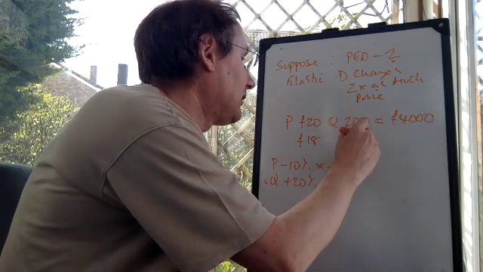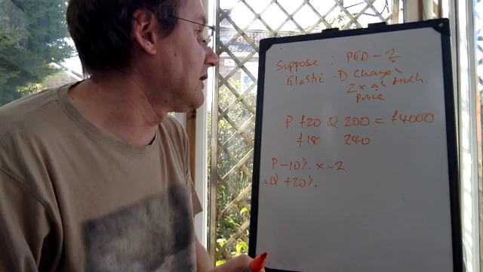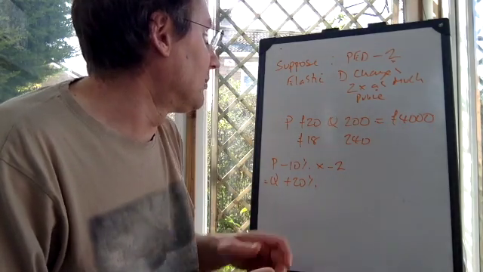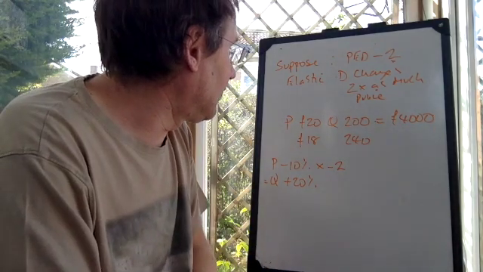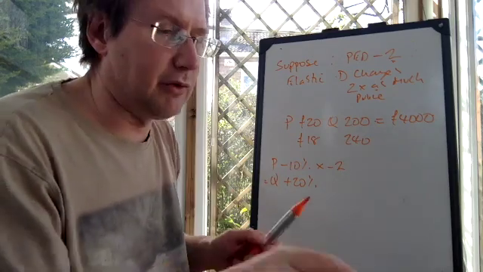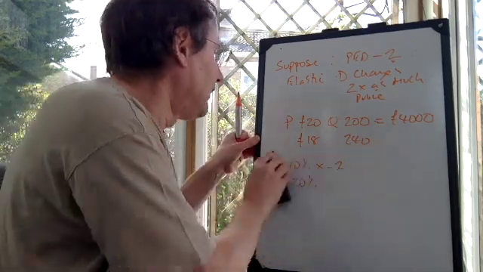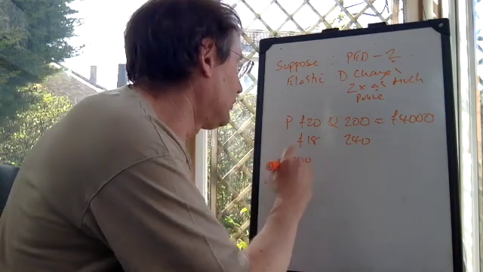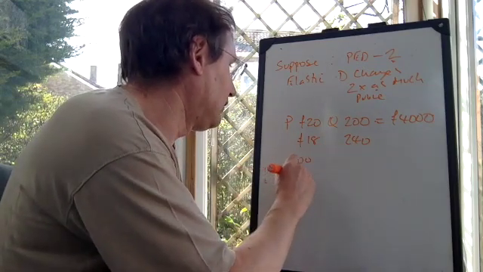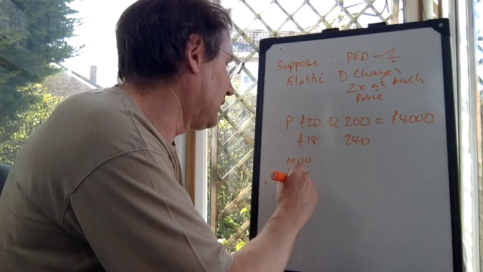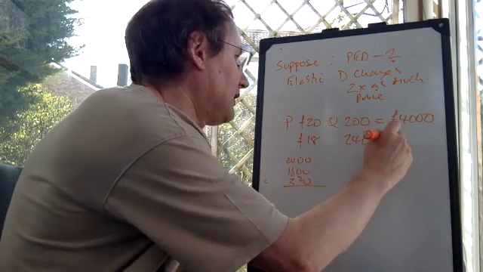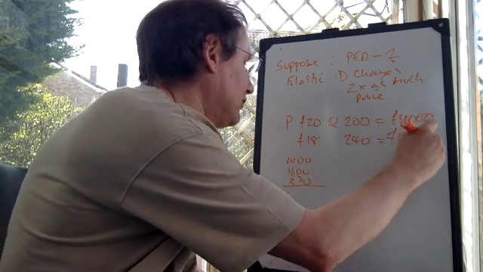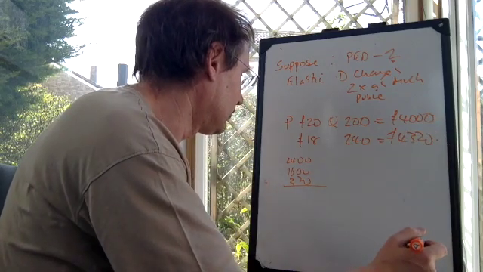And what we discover is that demand is now 240. If you multiply that up, we end up with 2,400 plus 1,600 plus 320. That's something like 4,320, somewhere in that region anyway.